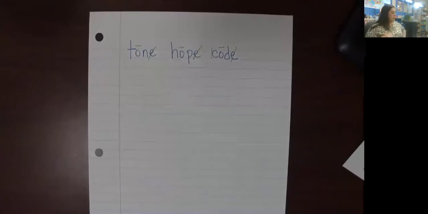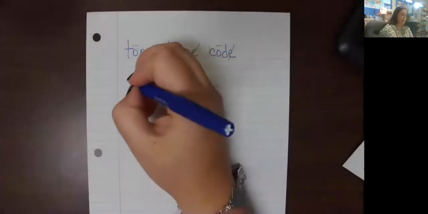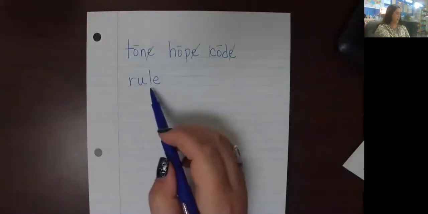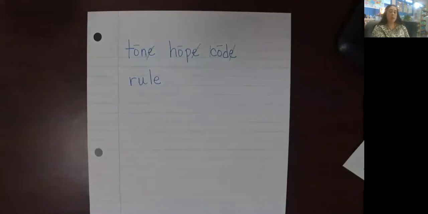Now we're going to code some words with the U sound. So U consonant E can be tricky because it has two sounds. When we see U consonant E, we usually say U as in cube or cute. But look at this really quick. I'm going to show you a new word. Okay, so we have U consonant E. So normally it would say U because that's the vowel's name, U. So what is this word?